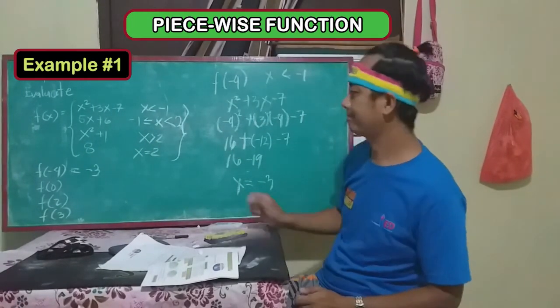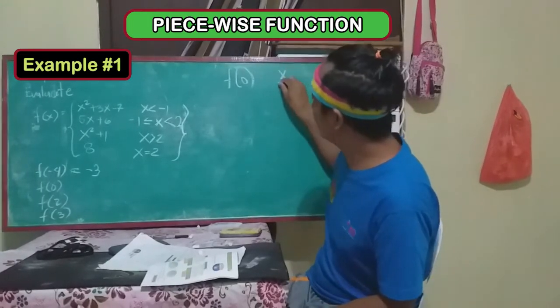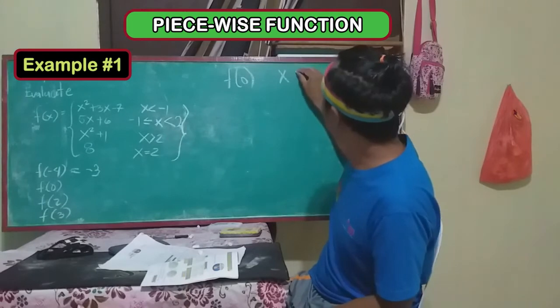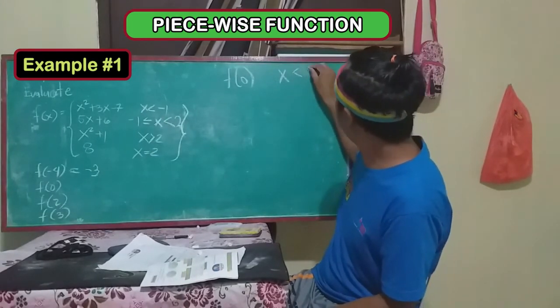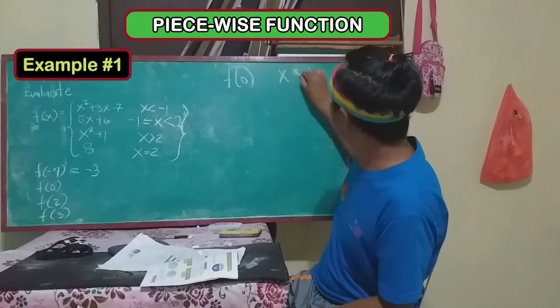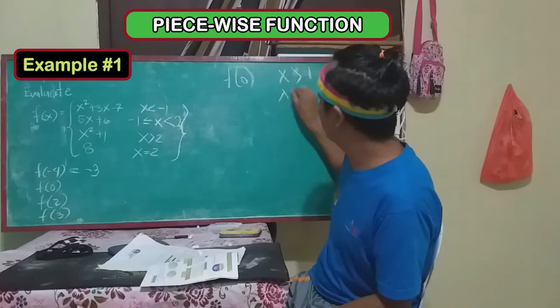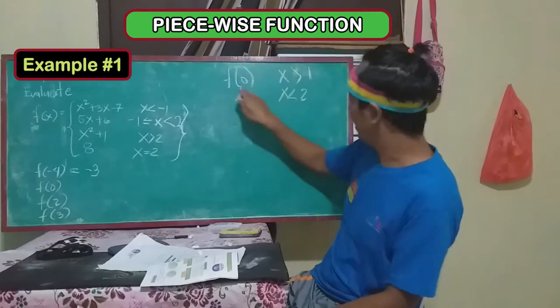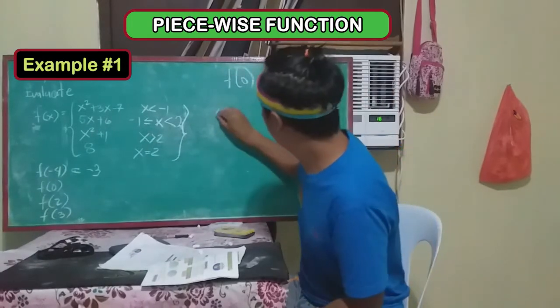So, yung x is greater than negative 1. Greater sa negative 1. Mas malaki yung x kaysa negative 1. At less than siya sa 2. So, x is less than 2. So, ito siya. So, ang gagamitin natin, 5x plus 6.